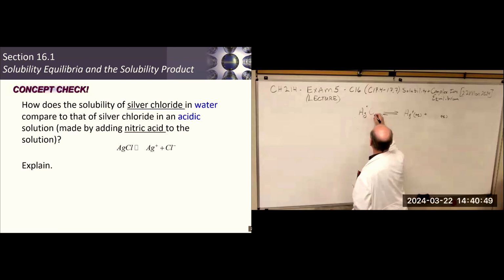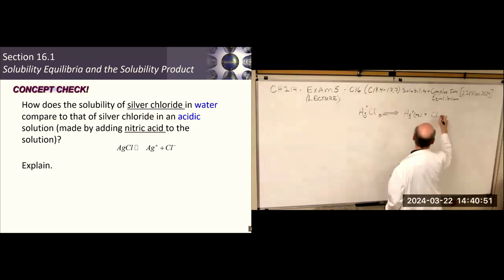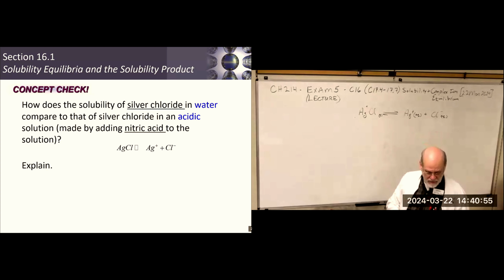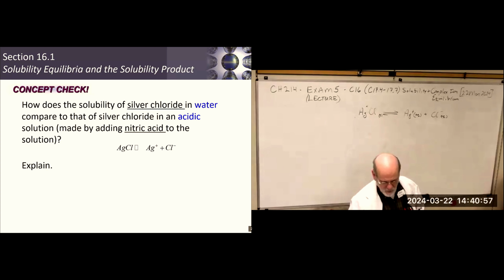So we're back to this one. There we go. So there's our equation, and we want to say what would the solubility do: increase, decrease, or stay the same if we add hydrogen ions?